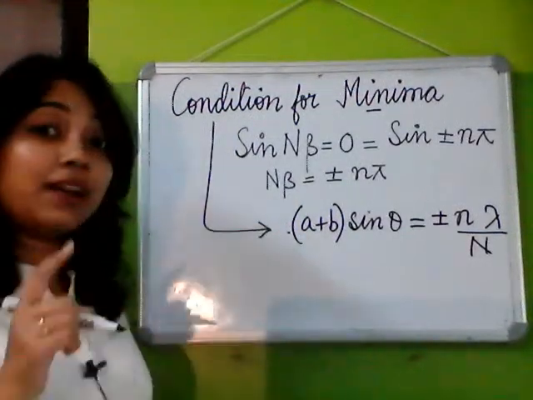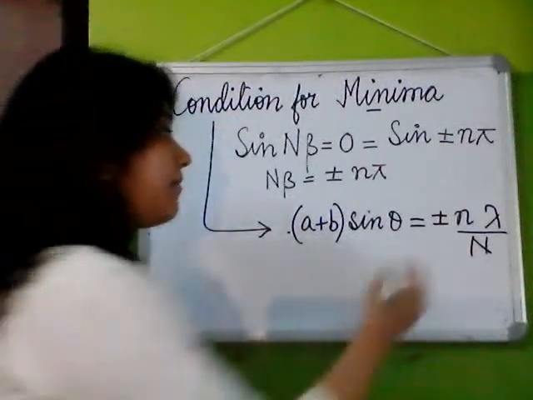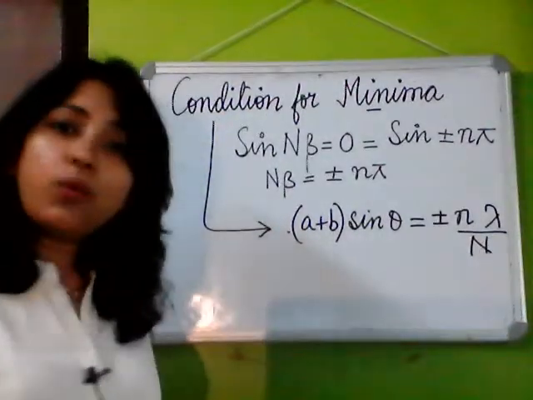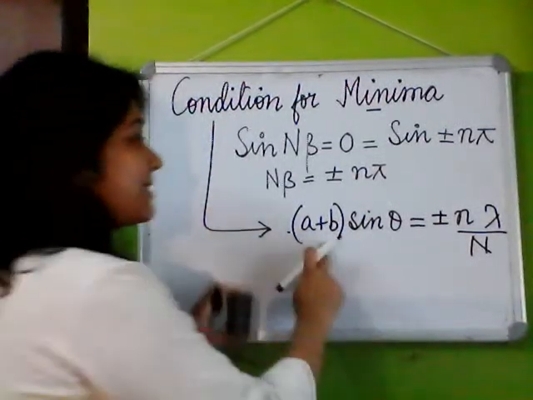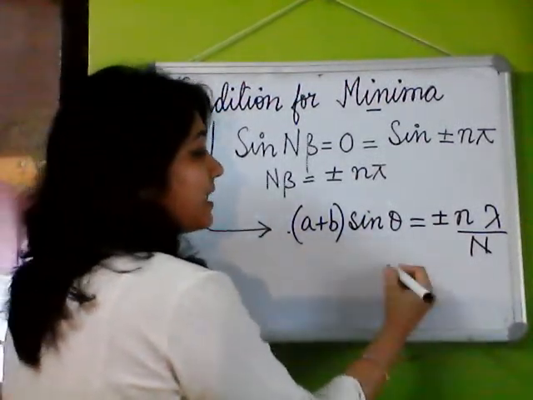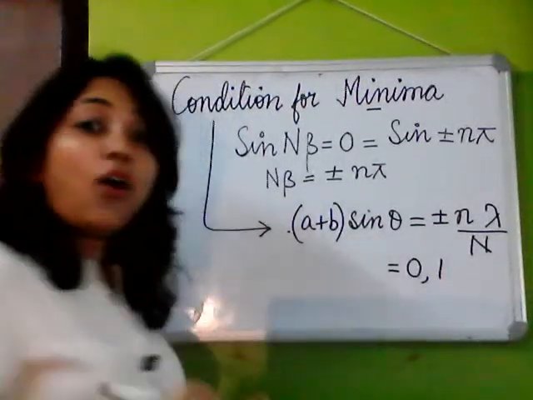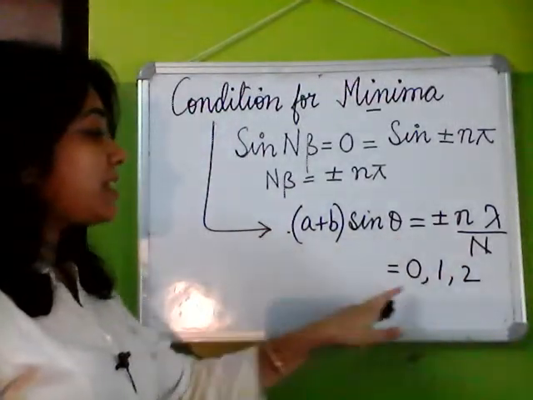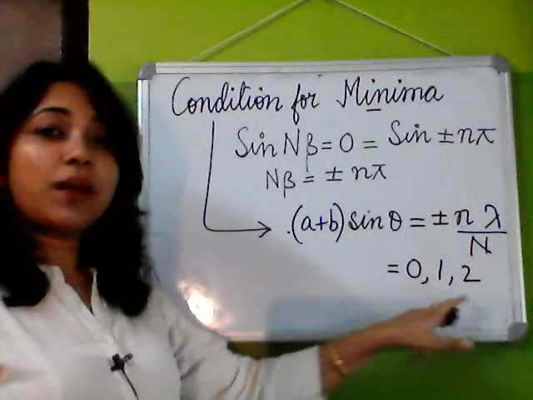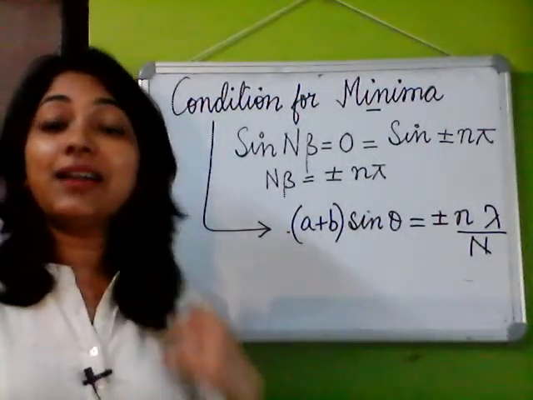But students, here this discussion will not be complete until we talk about the values of this n. So what can be the values of n? Now remember, a plus b sine theta equal to 0, plus minus 1, plus minus 2 lambda were the conditions of principal maxima, isn't it?